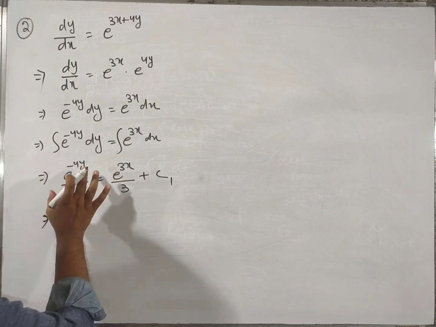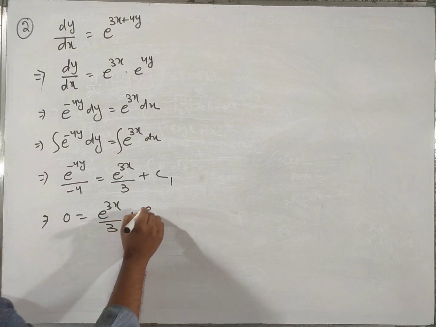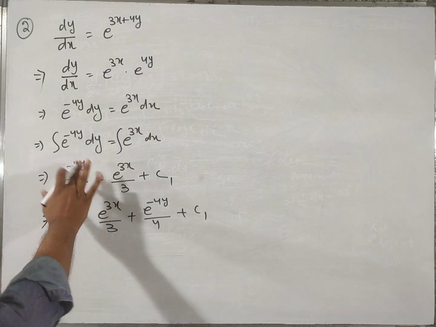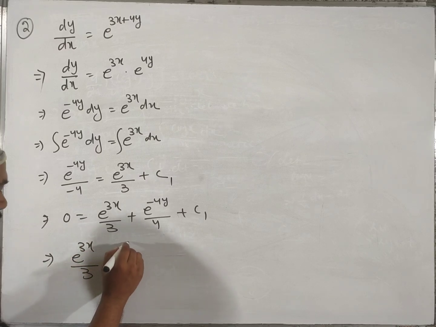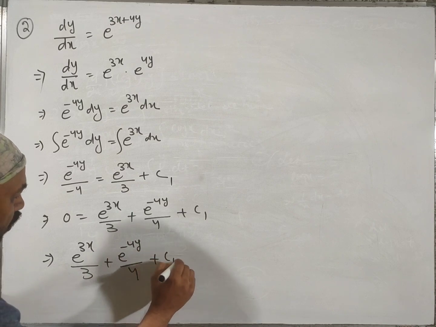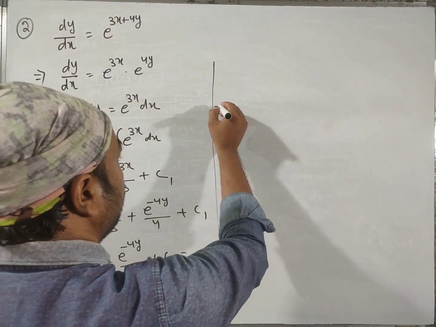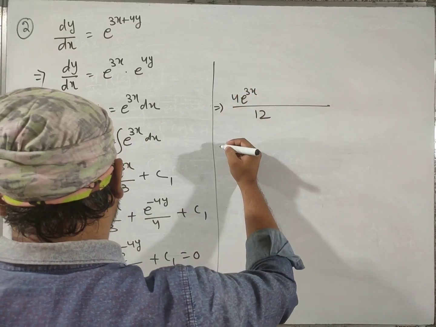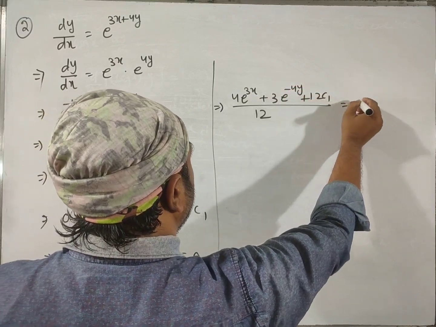Then it will be e to the power 3x divided by 3 plus e to the power minus 4y divided by 4 plus c1. I have shifted this term towards the right hand side. So it will be e to the power 3x divided by 3 plus e to the power minus 4y divided by 4 plus c1 is equal to 0. Taking the LCM as 12, it will be 4 e to the power 3x plus 3 e to the power minus 4y plus 12 c1 is equal to 0.